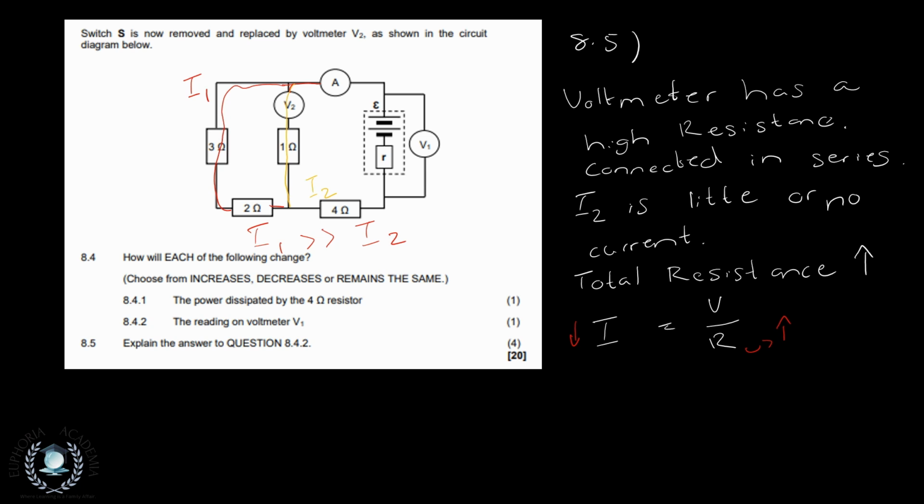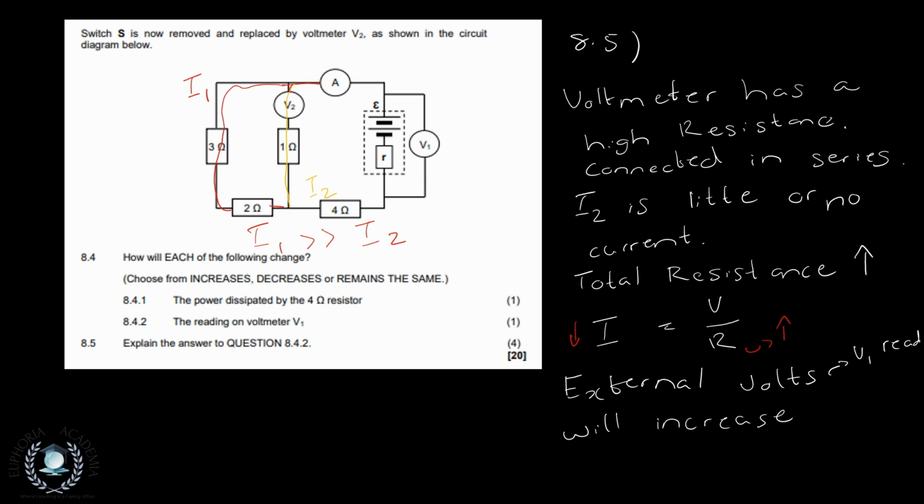Which means the V1, which is all the voltage drops, so the external volts, which is what V1 is reading, all of that will increase. The external voltage will increase, while the internal voltage decreases, the internal voltage being the battery.